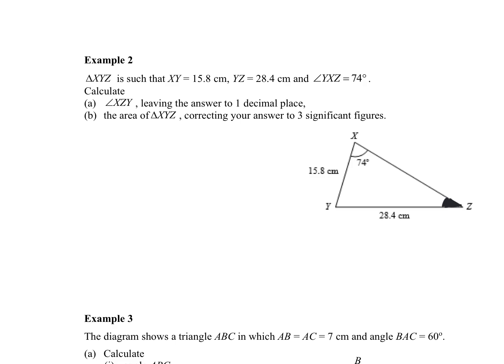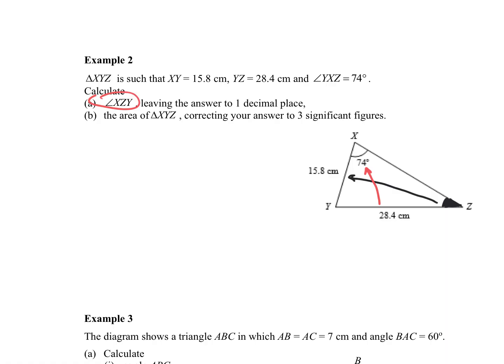Remember the angle must always match with the opposite side. This is one pair. Another pair will be these two. So since I'm finding angle, put the sine of the angle on top.